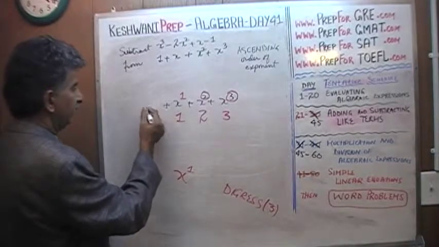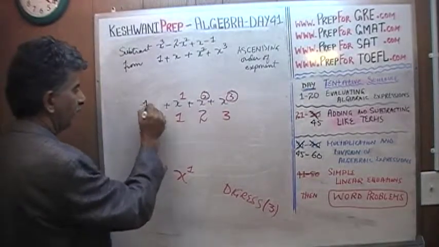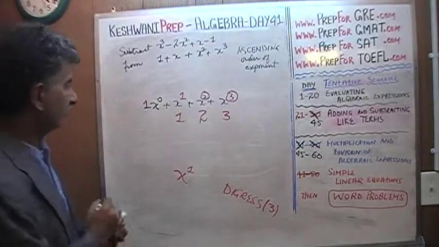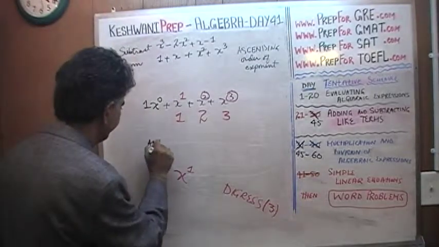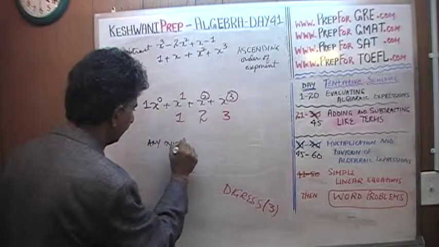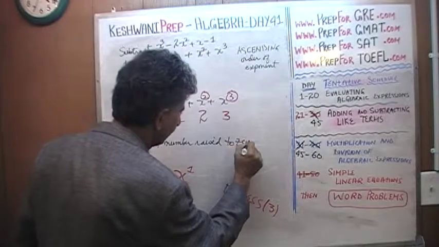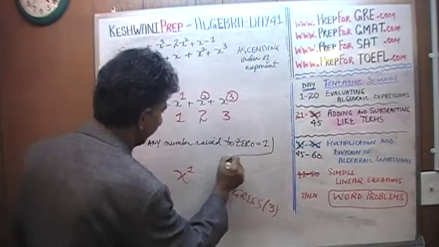Here, technically, it was a 1, but it was 1x to the 0. Any number raised to 0 equals 1. Make a note of it if you did not know it.